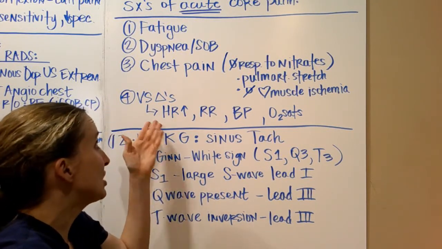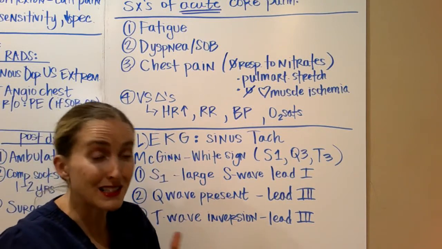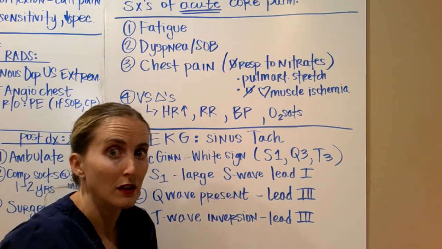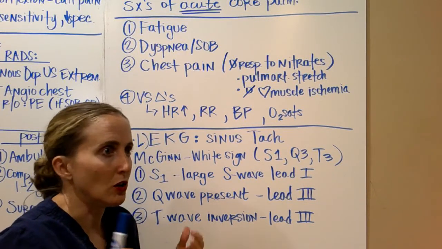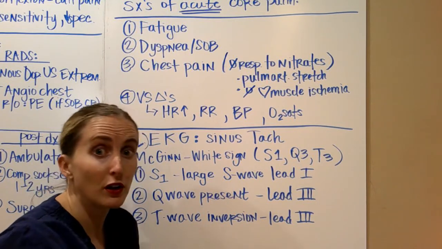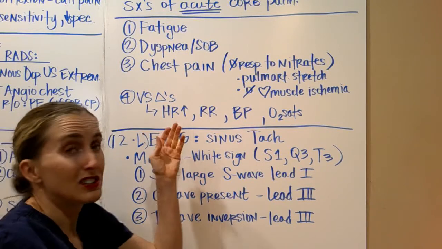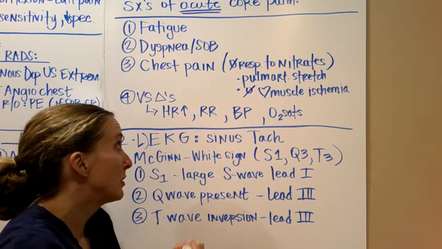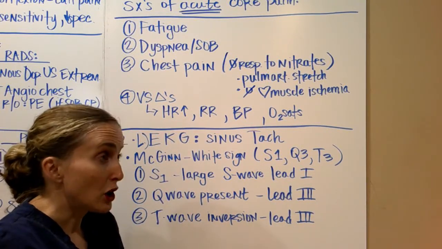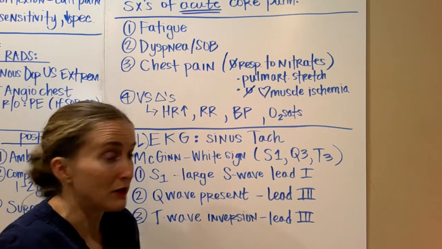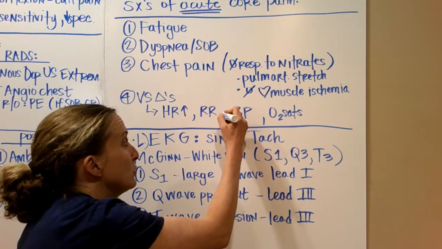So then we have a change in our vital signs, and you might see them trending this way. It might not be all of a sudden; it might be over 15 to 20 to 30 minutes, maybe an hour. So their heart rate's going to start to increase, right? Because we're trying to pump the heart harder because we're deprived of oxygen. We're not getting any perfusion.